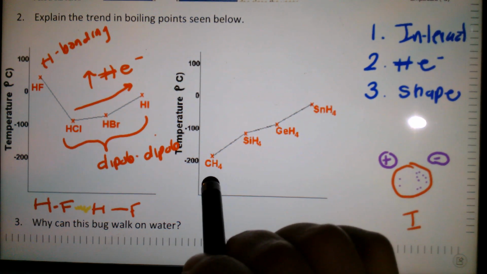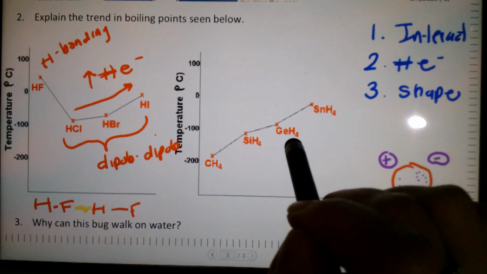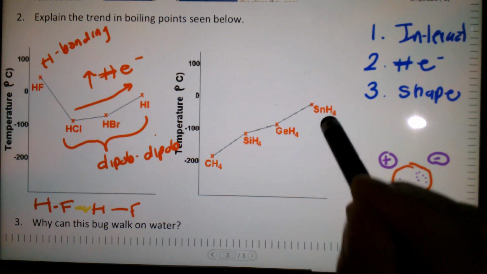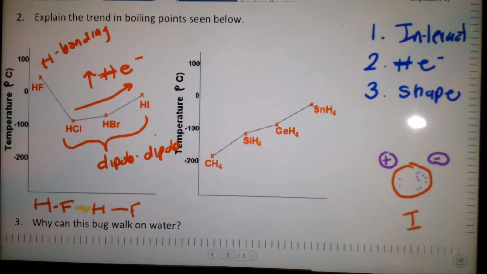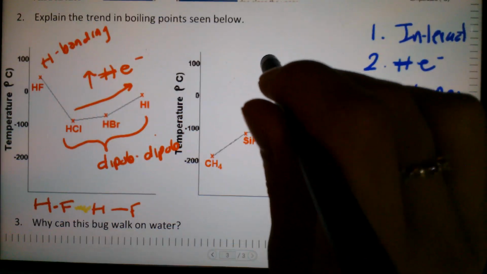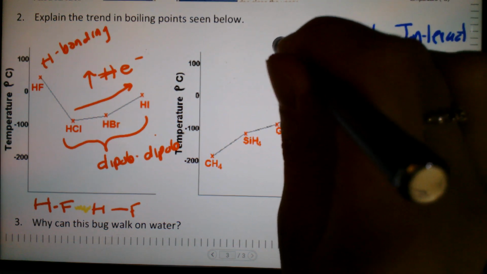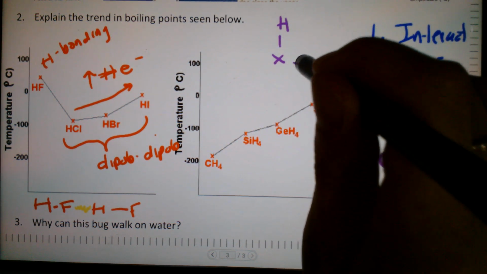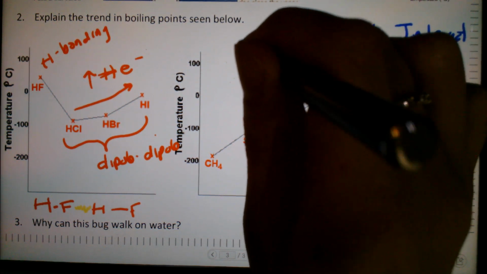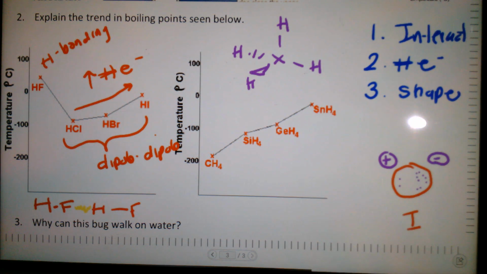Okay, so now we have CH4, SiH4, GeH4, and SnH4. C, Si, Ge, and Sn are all in the same family, so they're all forming the same type of molecule, XH4, where the X in the middle could be C, Si, Ge, or Sn.